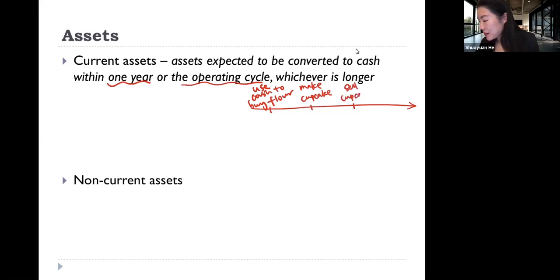So this is the process of my business, right? And then after I have sold those cupcakes, what can I get? I get cash back.